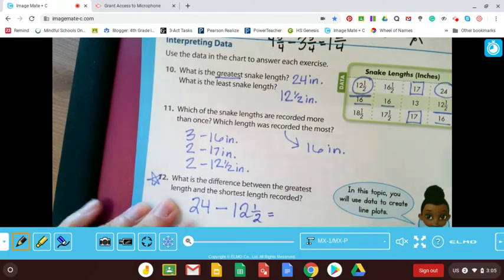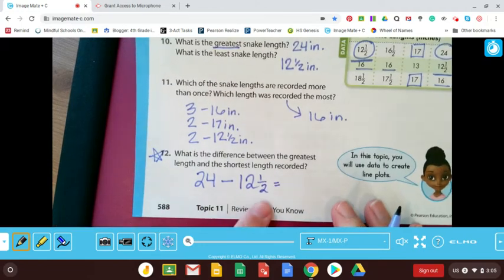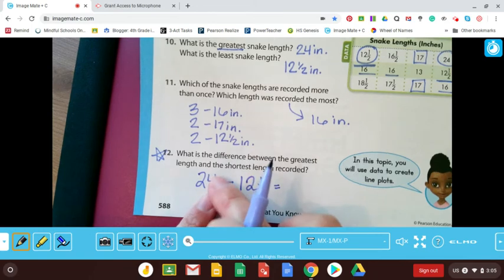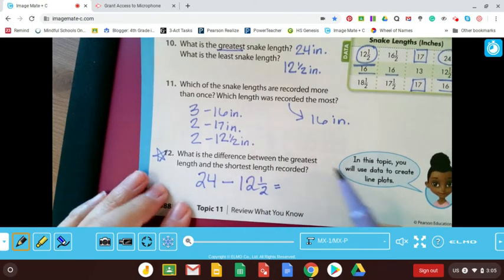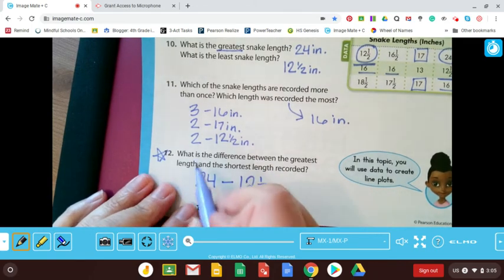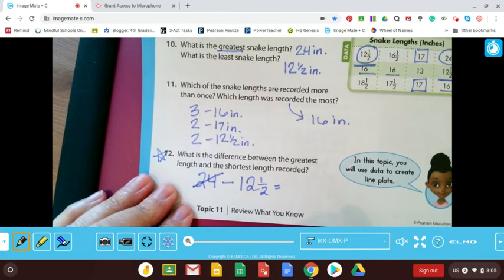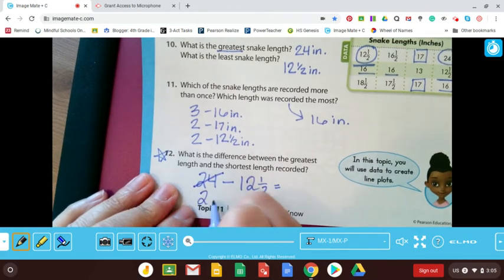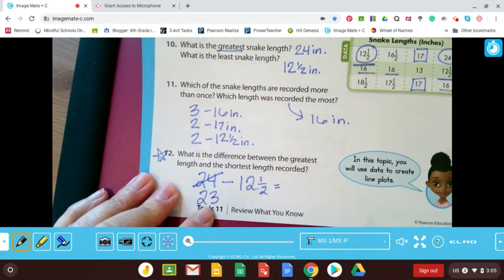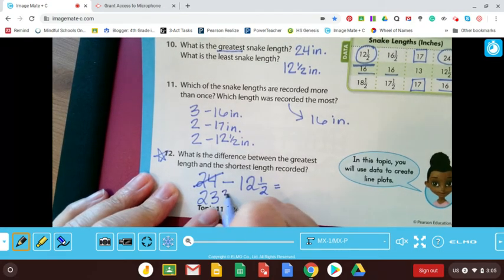And now we have to actually subtract, right? And when you do that, you're like, oh, wait a minute. I don't have a fraction part to subtract. So one thing that you can do is take 1 away from 24, making it 23. And then we're going to put that whole back in as a fraction. That 1 that we took away, we're going to make it 2 over 2.